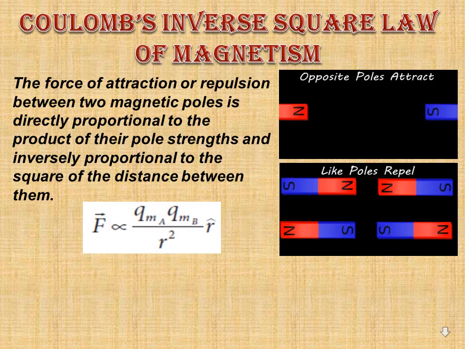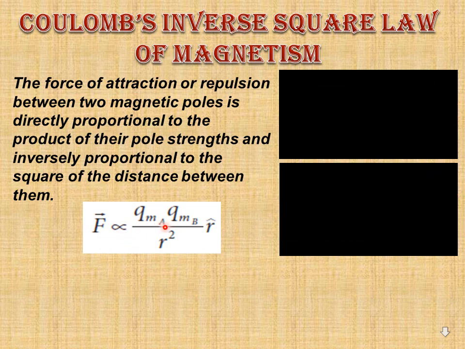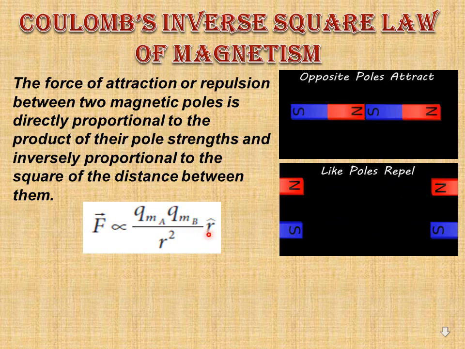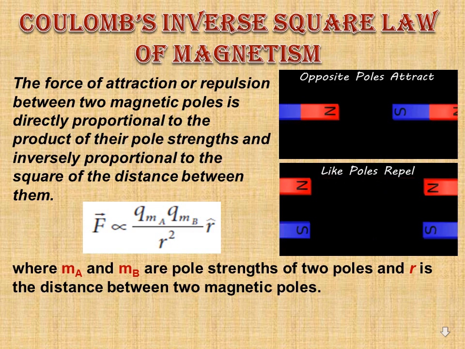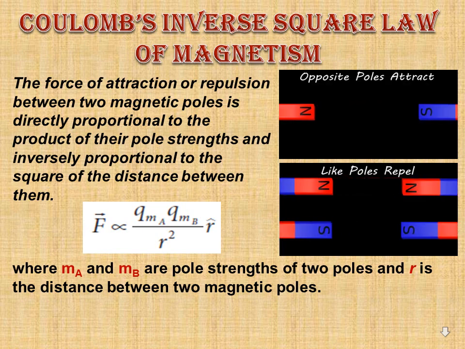See, the F vector is directly proportional to QmA and QmB divided by r square, the square of the distance between them, with r cap in vector notation, where mA and mB are the pole strengths of two poles and r is the distance between the two magnetic poles.